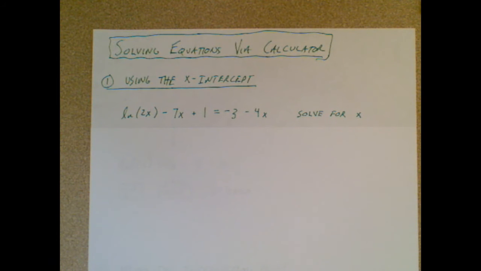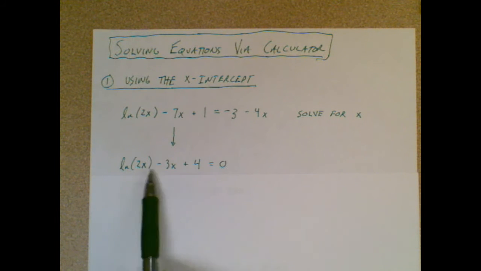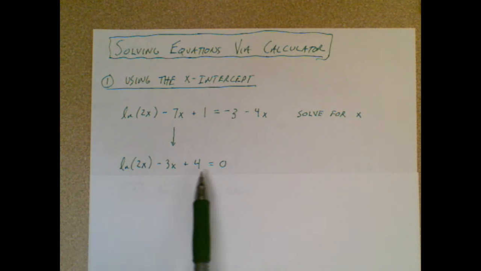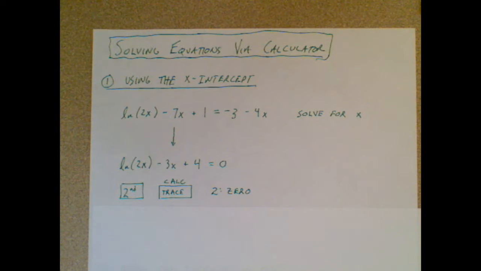But if you're going to solve looking for the X intercept, you do have to do some algebra moves in the beginning to set the entire equation equal to 0. Ta-da, we have it set equal to 0. And from there, once it's set equal to 0, we can find the x-intercept on the calculator. These are the steps you're going to use, and I'm going to go through that on the calculator here.